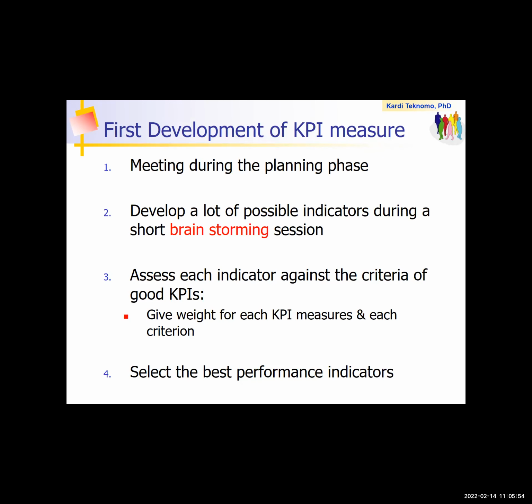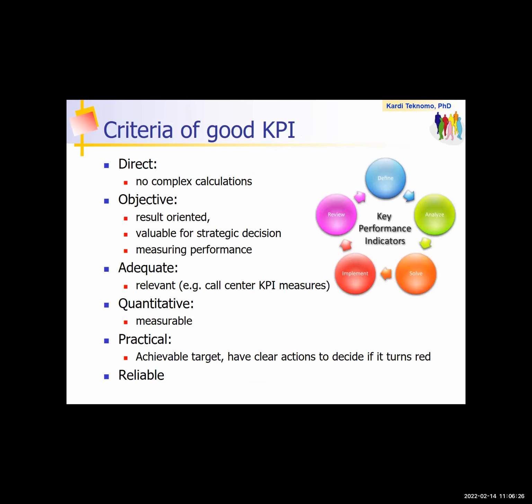So how to do it? You create a meeting with your project group. You just talk about it 1 or 2 times, and then you develop several indicators. So you do brainstorming, and then you assess each indicator against the criteria of a good KPI. And then next you select the best indicator for that.